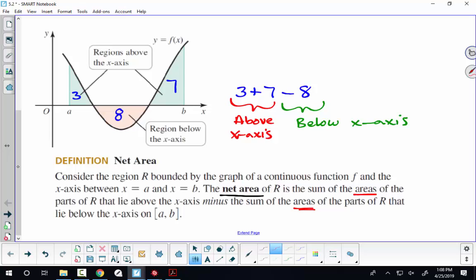Area is a positive quantity. So the sum of the areas above minus the sum of the areas below: we see that here, 3 plus 7. We can view that as plus negative 8 if we wanted to. But this right here is the net area.